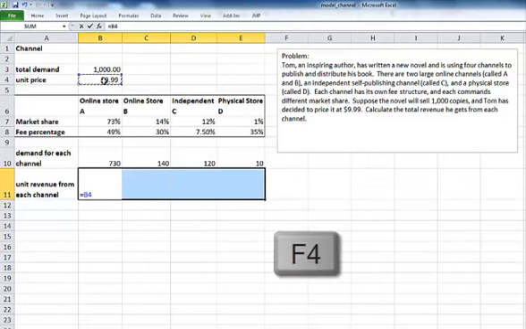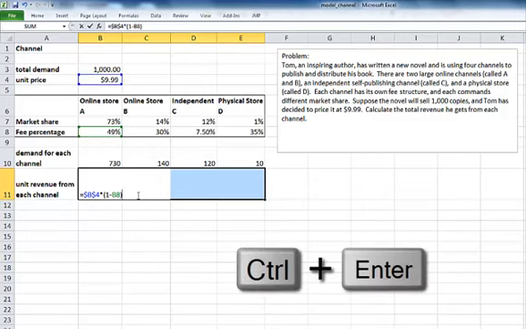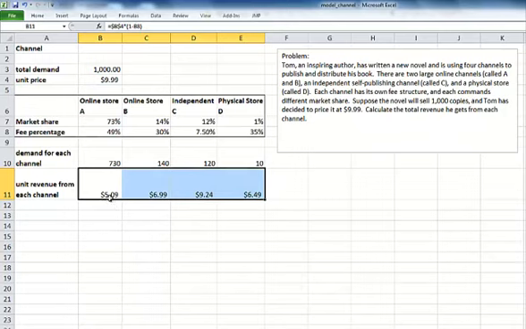Again, we use absolute referencing because we do not want them to shift around, times 1 minus the fee percentages. Okay, let's press Control Enter, and that's our unit revenue from each channel.